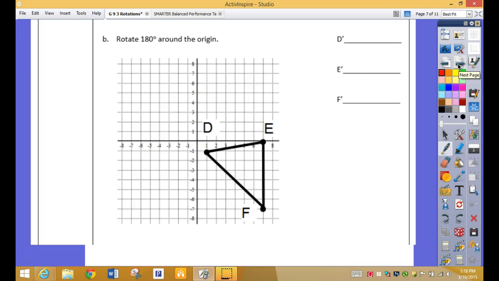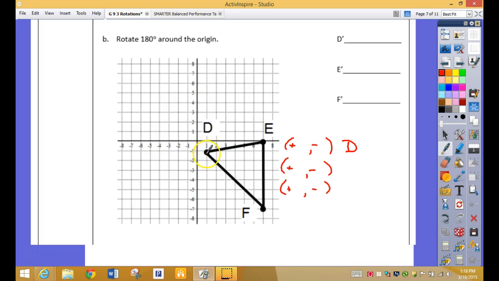Now this one we rotate 180. What quadrant are we in to start with? Quadrant 4. All right. So all of these have what kind of signs in them? They have positives, and then my second ones are all negative. So let's do D, we'll do them in order first.